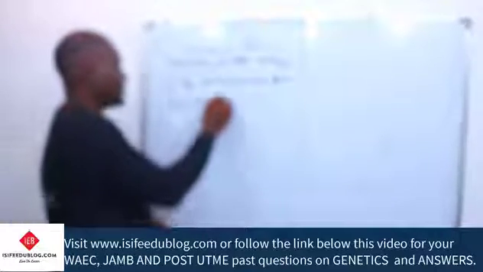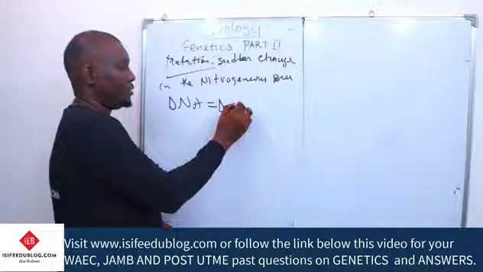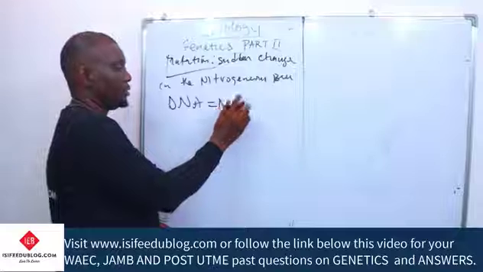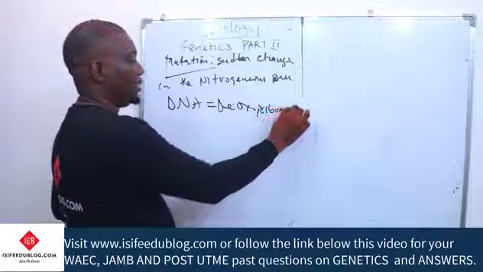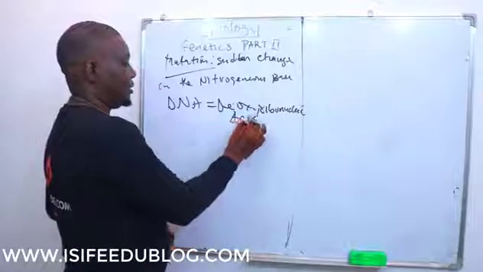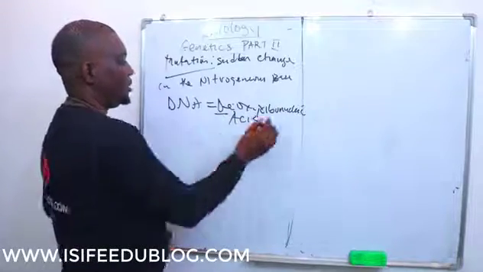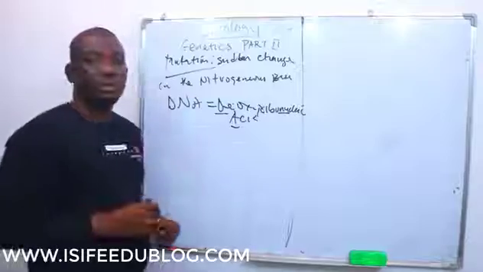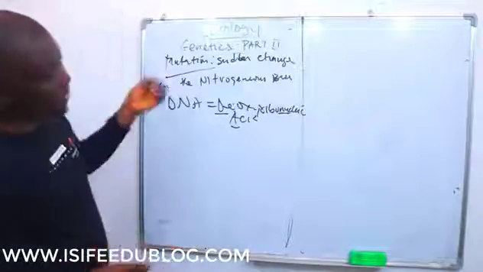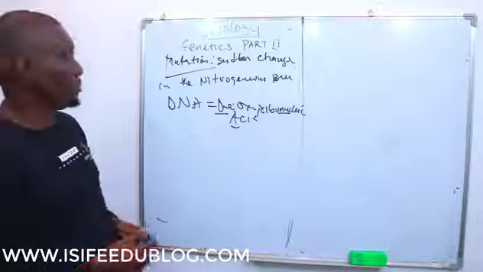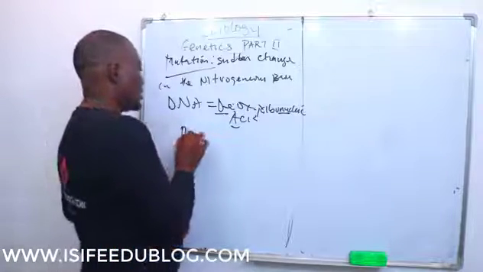That is deoxyribonucleic acid. That is DNA. The other aspect of genetic material is RNA.